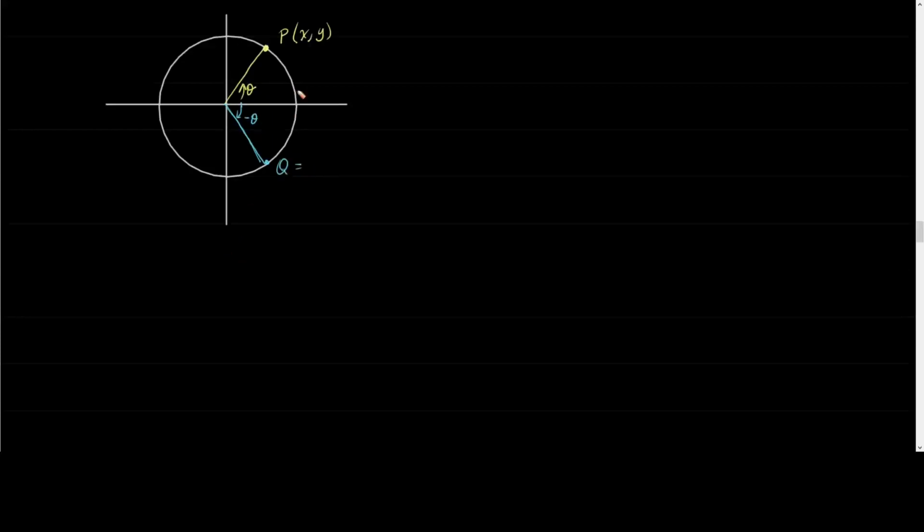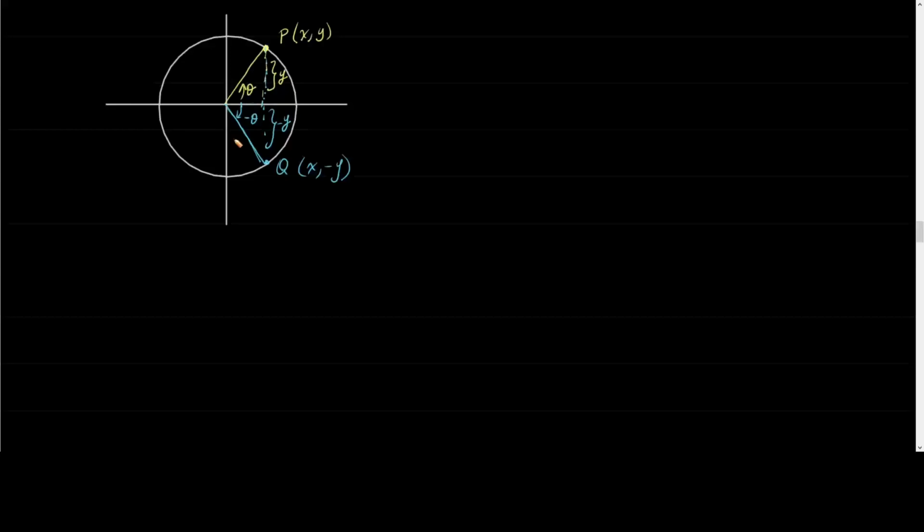Well, the coordinate of point Q, the x value would be the same, right? Because it's just going through the same thing there. But the y value would be negative y, all right? Because in here we've got this distance up here being y, but this distance down here being negative y. Both of them have this value right here, this distance being just x. All right.